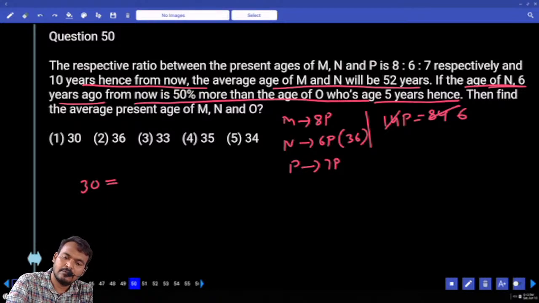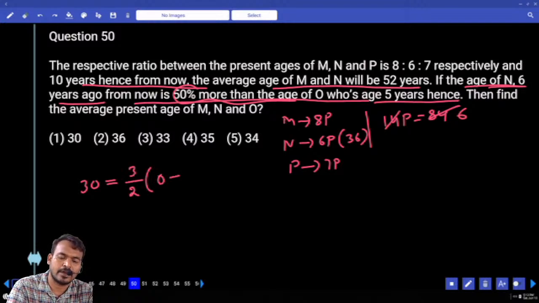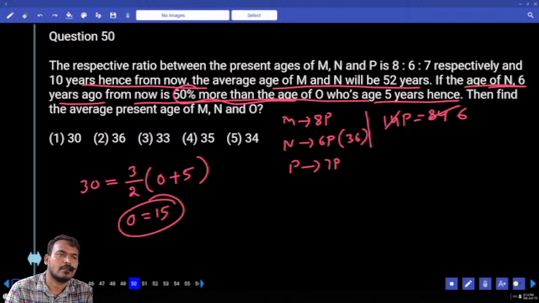That is 50% more than O, whose age is 5 years hence. 50% more, what is the fraction? 1 by 2. 1 by 2 more means it is 3 by 2 of O plus 5. 3 parts are 30, 2 parts are 20. That is equal to O plus 5. O equals how much? 15. Yes or no? O value is 15.